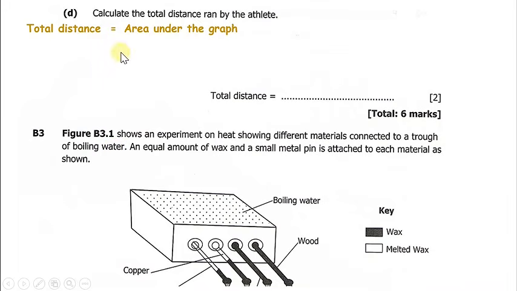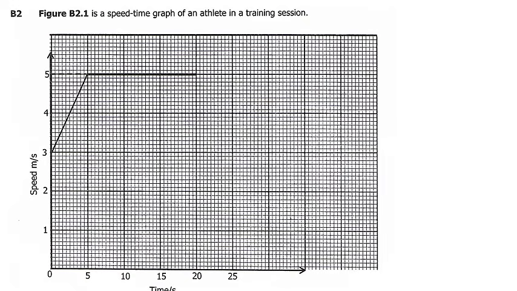If you check here, this graph can be cut into two. We can have this as a triangle and this one as a rectangle. The area of the triangle becomes a distance, and the area of the rectangle also becomes a distance.